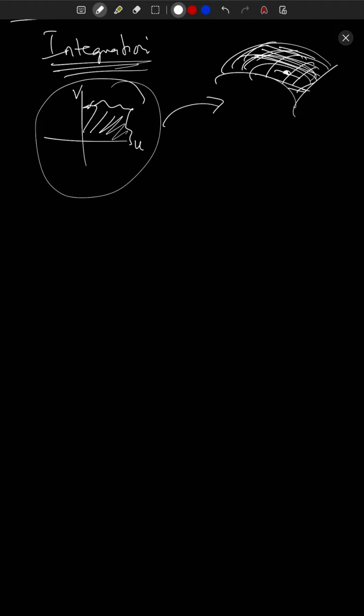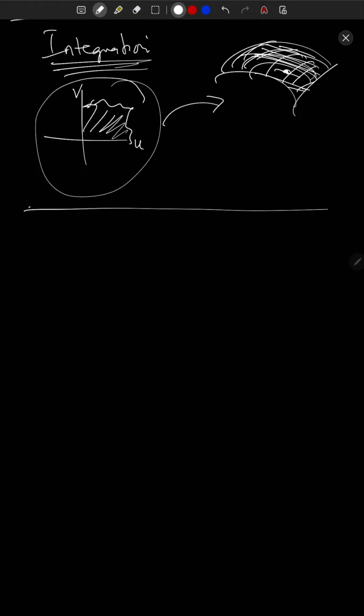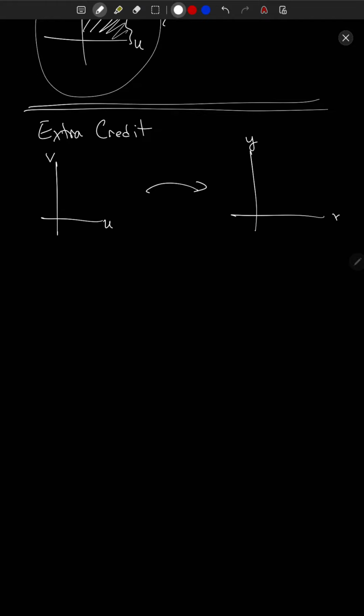Luckily for us, we already know how to do this with a small modification. Remember the extra credit problem from a couple homeworks back, where you were asked to think about a mapping from the plane to the plane, one of them we thought of as U and V, the other as X and Y. Under this mapping, a rectangle goes to something curvy and horrible, which is too hard to work with.